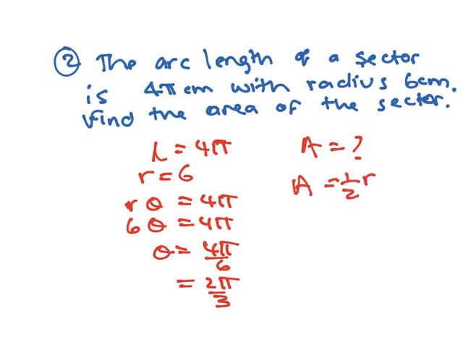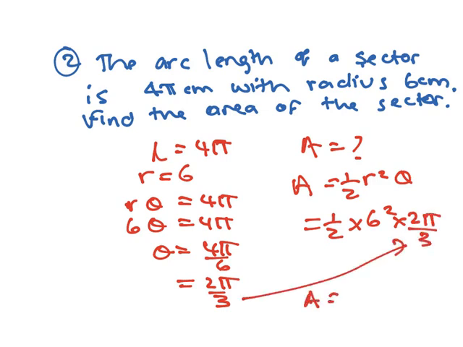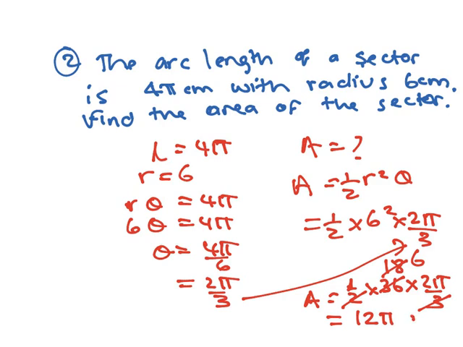So the area is a half r squared theta, so it's a half times r is 6 squared times theta, which is 2 pi on 3 from here. So a half times 36 times 2 pi on 3. A half of 36 is 18. 3 goes into 18, 6. 6 times 2 is 12, so it's 12 pi centimetres squared.